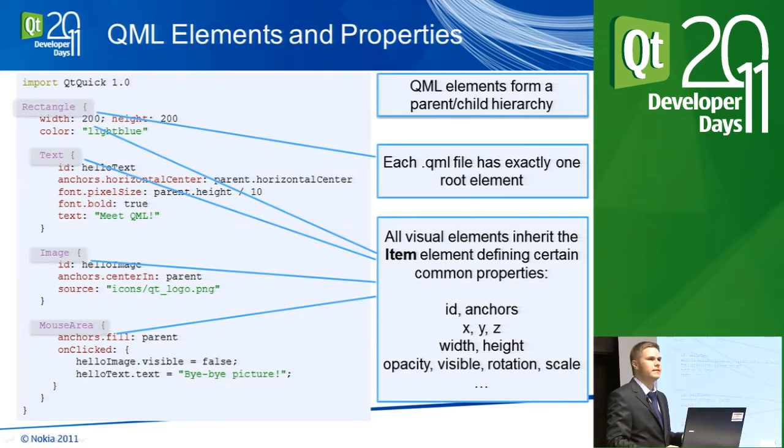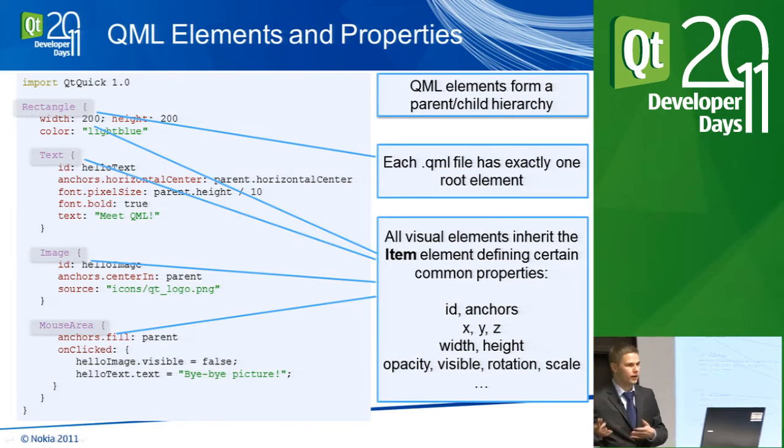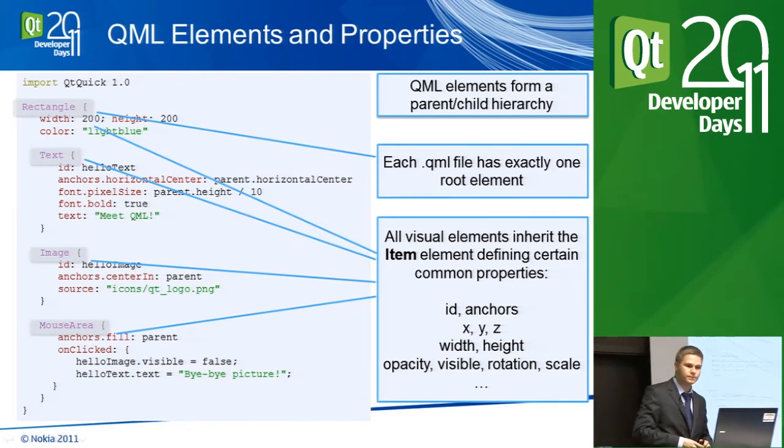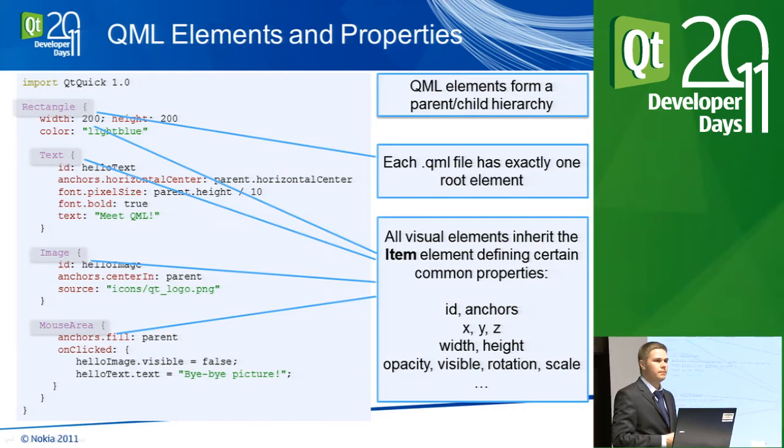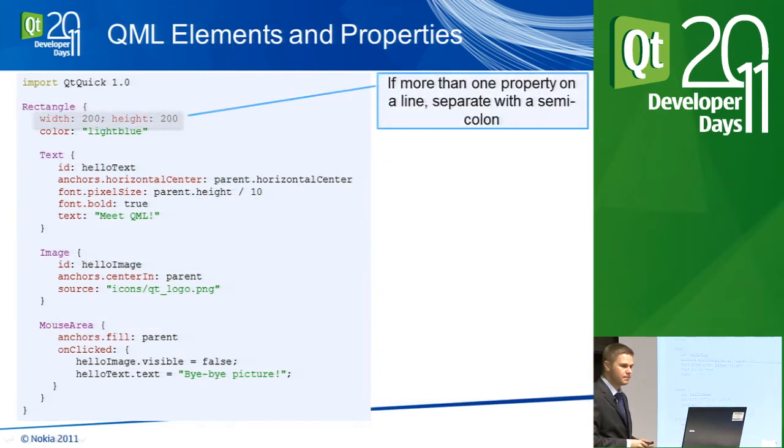They inherit the properties of their parent element. And when you check the documentation, you can see which element inherits what from where, etc. So visual elements have a number of common properties, like ID, anchors, X, Y, Z, width, height, things like that.